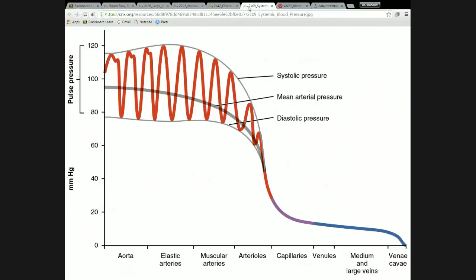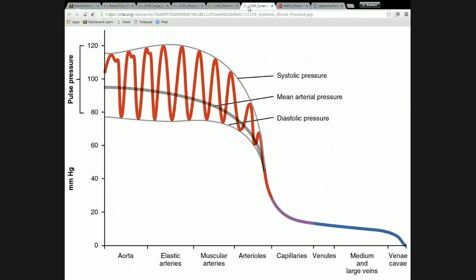So you want the pressure to come together into a single constant pressure once we get into the capillaries. And then it's going to stay a single constant pressure the rest of the way through, because there's nothing that's going to get it to go back to the pulse pressure difference that's driven by the heart doing its job.